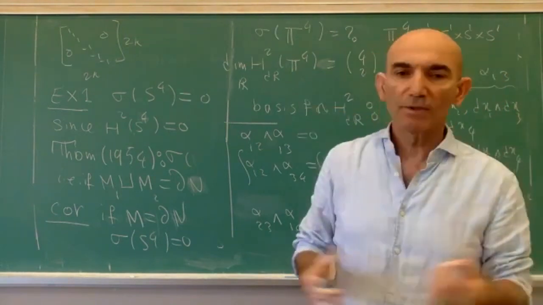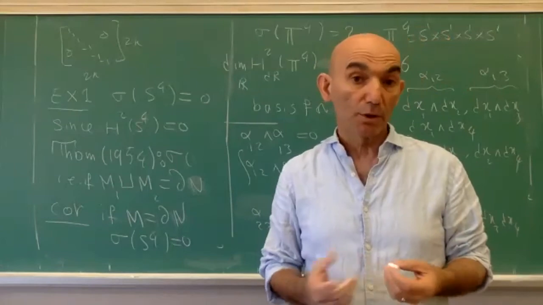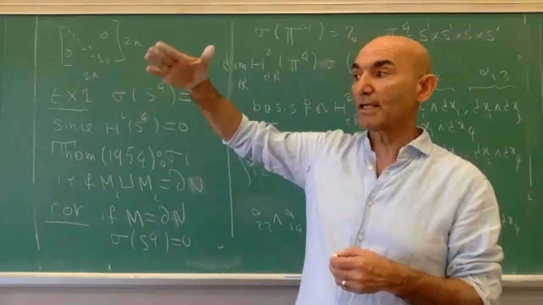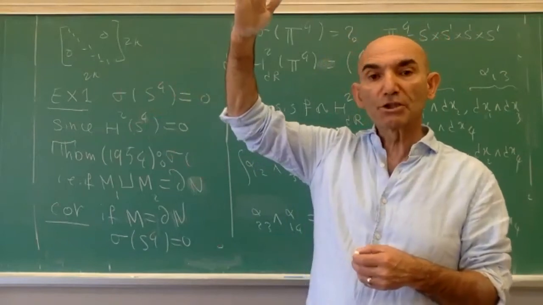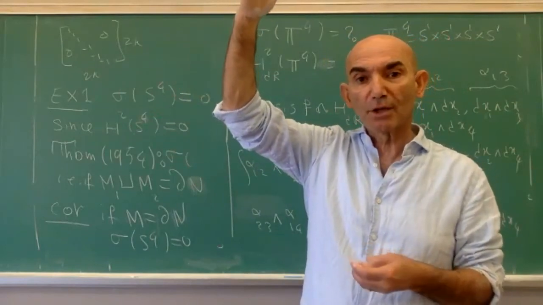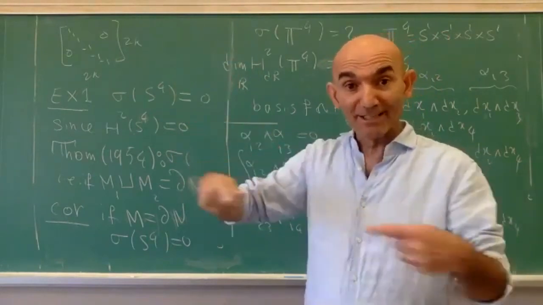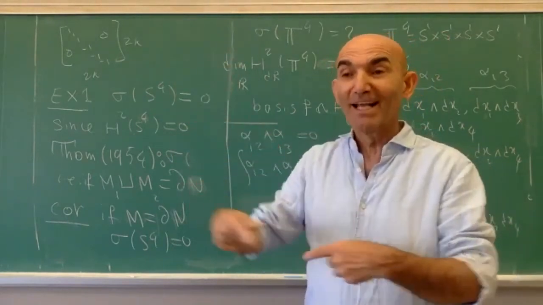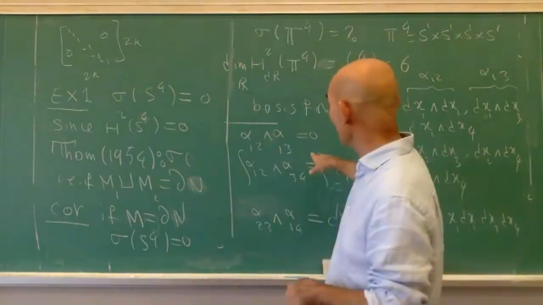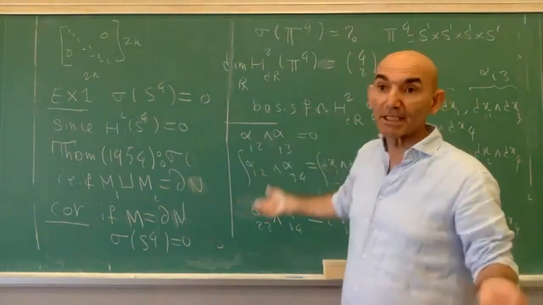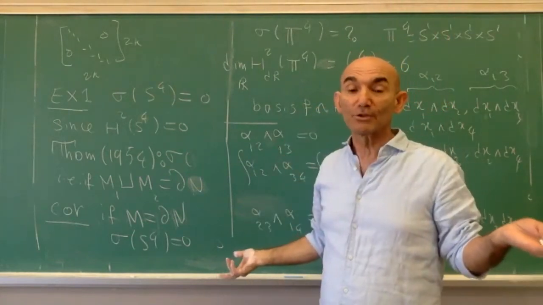So the question is, what is the index of this quadratic form? Because the index means that you have to find a basis over which some of these have intersection pairing with itself equal to plus 1. These ones, the intersection pairing with itself is 0, because alpha 1,2 wedge alpha 1,2 is going to be 0, right?